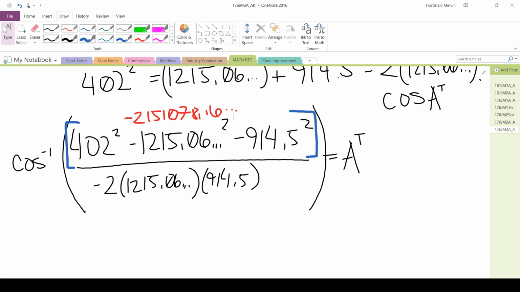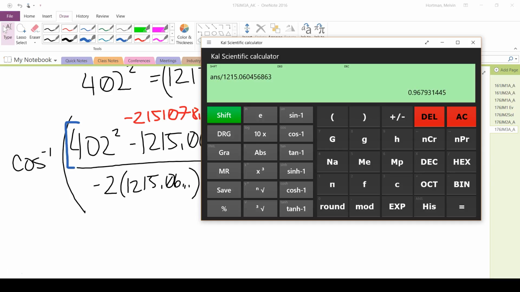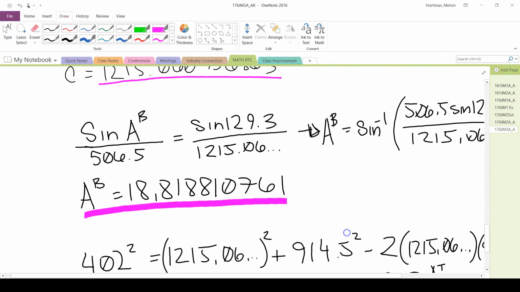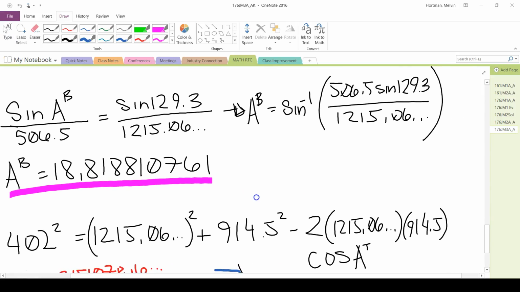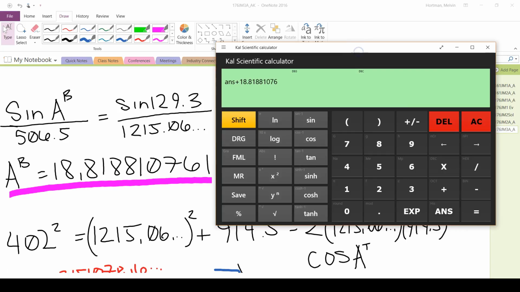So then all that's left is to take the inverse cosine. The inverse cosine of that is 14.54. I'm going to add our bottom A to this, so plus 18.81.